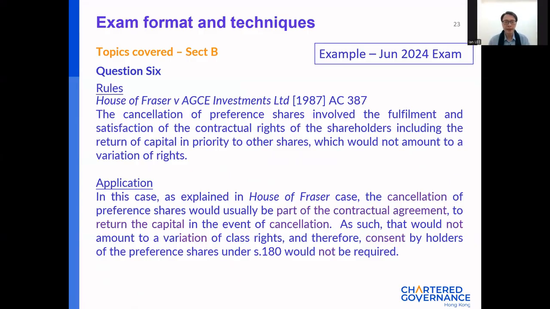You can see this part is important to discuss, because if the cancelling of the preference shares amounted to a variation of the class rights, then you must go to Section 180, and you will need to get the consent of holders of preference shares. Since Ahmed holds all of the preference shares, and since he has already said he does not agree, you will not get the required consent. So that's why we need to discuss this part.